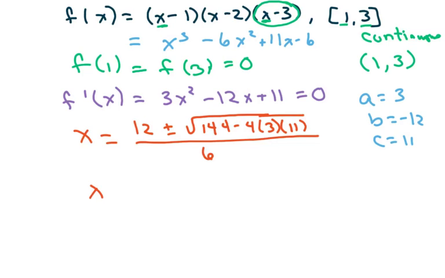So this is going to equal 12 plus or minus the discriminant here, over 6.